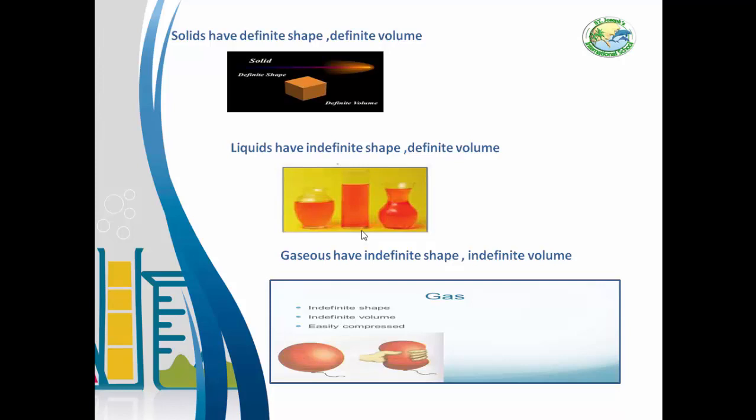Why? It's a liquid matter because it has indefinite shape, definite volume. And give reason: oxygen is a gaseous matter. Yes, we can say that oxygen is a gaseous matter because it has indefinite shape, indefinite volume.